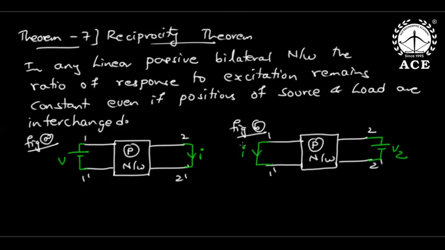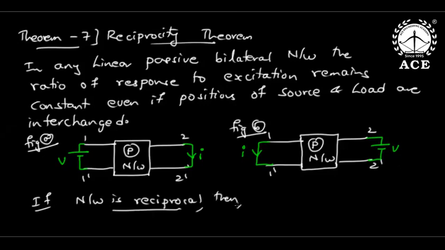If I give voltage V at port 1, it is allowing current I. Then if I give the same voltage V at port 2, it is also allowing the same current I. Now the meaning: if the network is reciprocal, then I by V is constant.